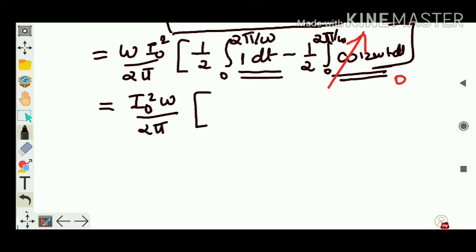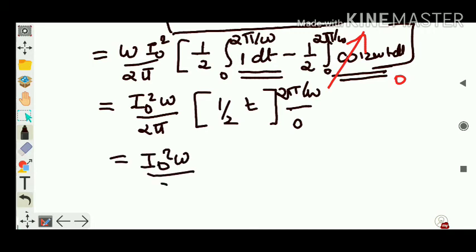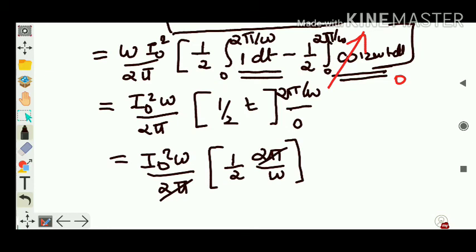Integral of dt is t, upper limit 2 pi by omega, lower limit 0. Upper limit minus lower limit, so there will be only 2 pi by omega. So it is I naught squared omega by 2 pi, 1 by 2, 2 pi by omega. I can cancel 2 pi, cancel omega, so there will be only one answer, I naught squared by 2.